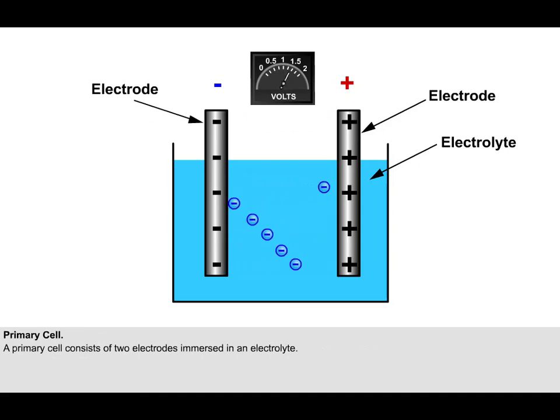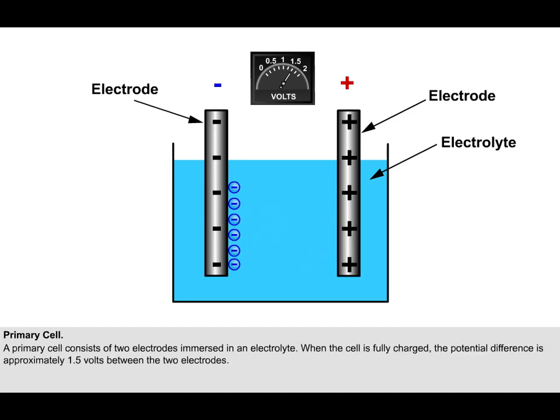The electrolyte encourages electron transfer between the electrodes until there is a potential difference between them. When the electron transfer ceases, the cell is fully charged, and the potential difference is approximately 1.5 volts between the two electrodes.